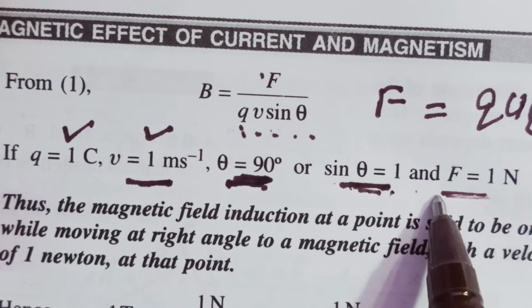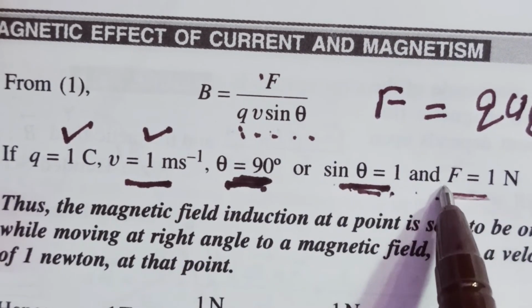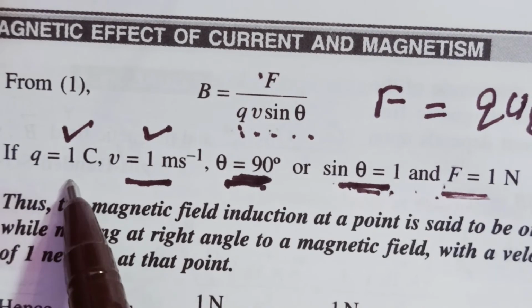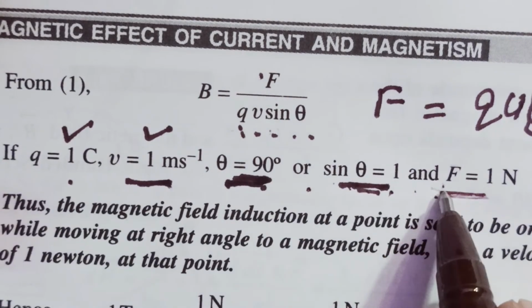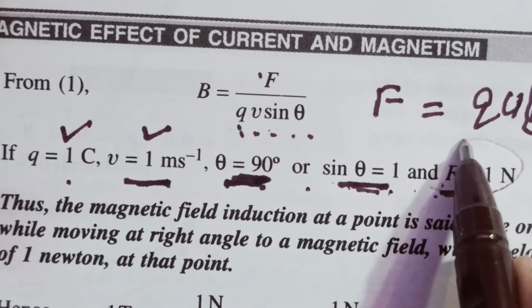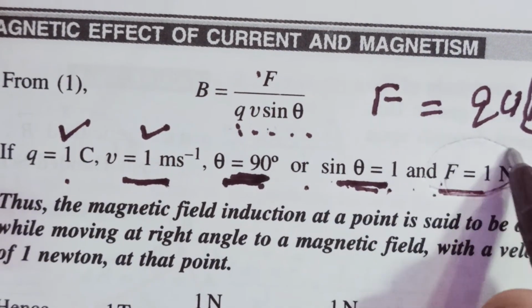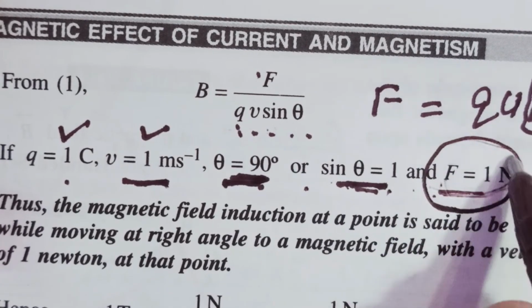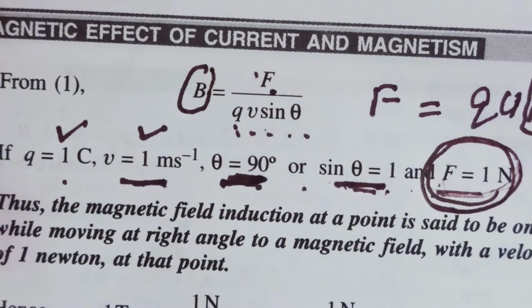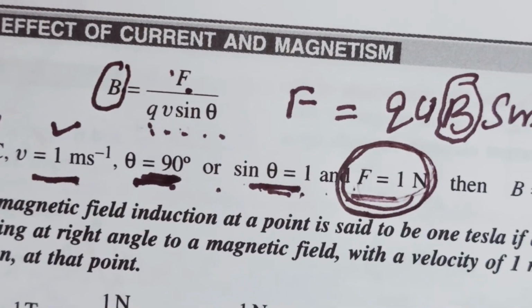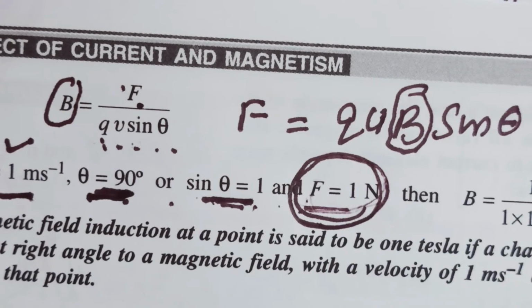And now I'm saying, if a 1 coulomb charge moving with 1 meter per second at 90 degrees experiences 1 Newton force, then B will be equal to 1 Tesla.